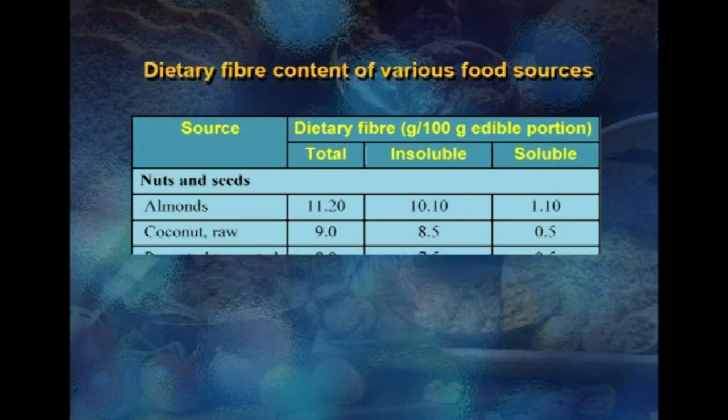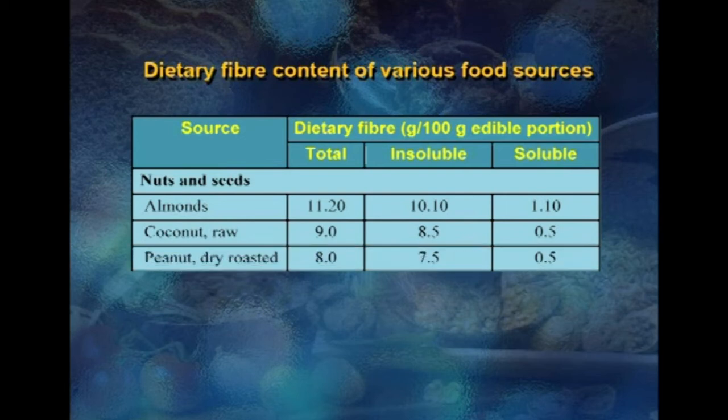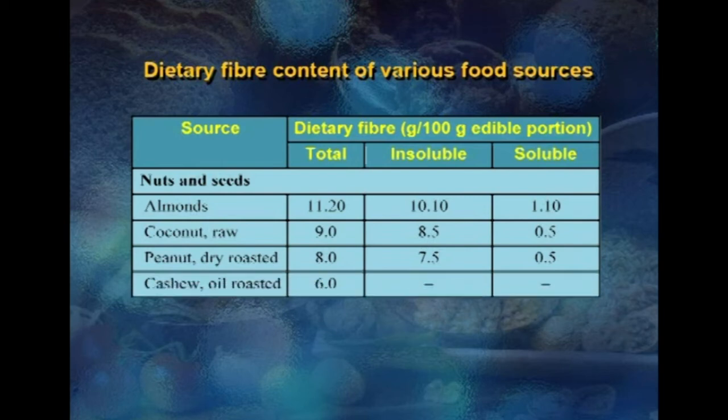The peanut, dry and roasted peanuts, have got 8 grams of dietary fiber for every 100 grams of edible portion, out of which 7.5 is insoluble and 0.5 is soluble dietary fiber. Cashew nuts or kaju are again good sources of dietary fiber with 6 grams of fiber for every 100 grams of edible portion.